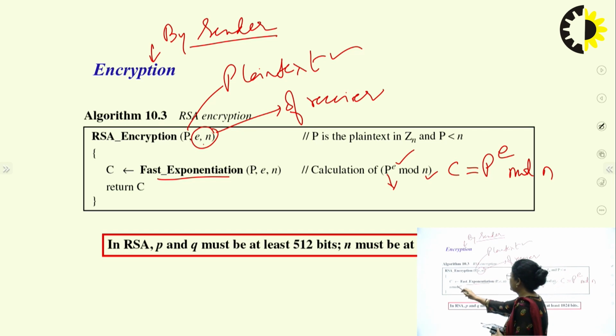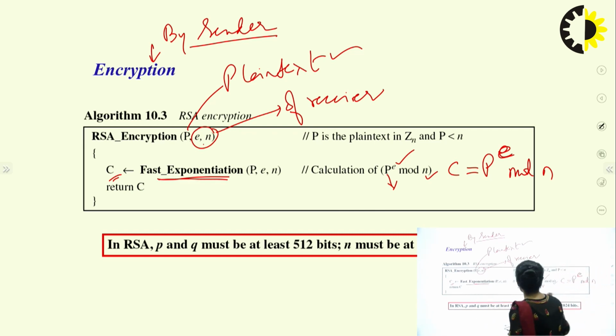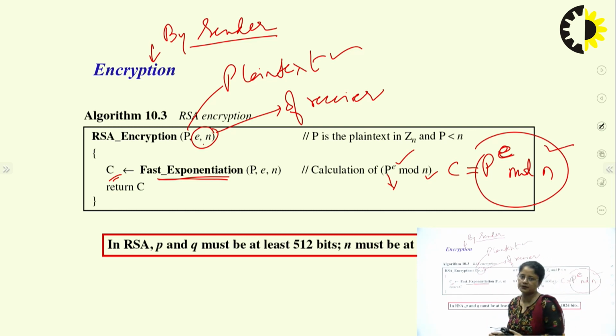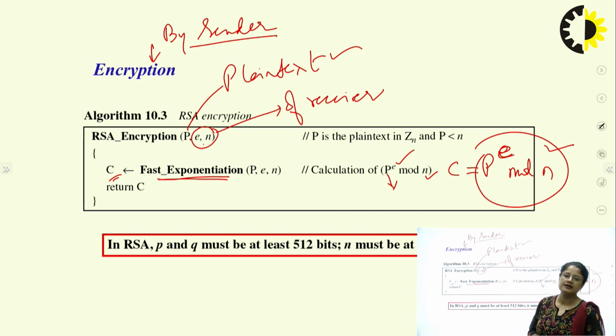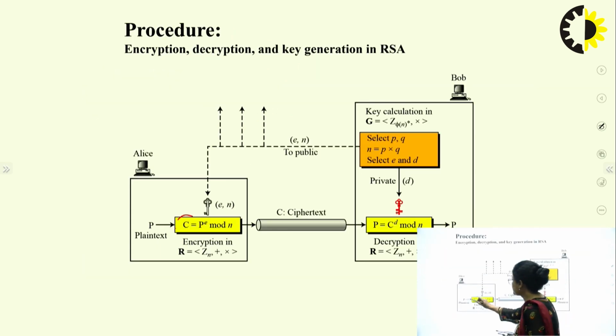Normally these values, E and D, are big. So to do the exponentiation, either you can go for a direct method of calculating, or you can go for the fast exponentiation algorithm, which has a comparatively faster way of calculating the value of P to the power E mod of N. Once this value is calculated, the value of C is returned, and C is now communicated over the network.